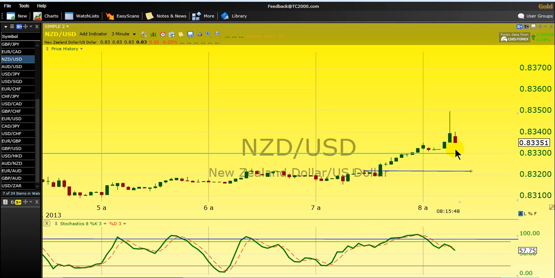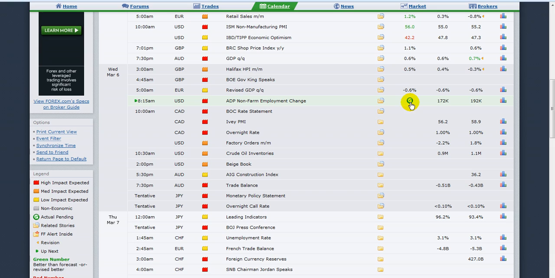Now, while we are here, let's see whether the news is already out or not. You click on it now, and we'll see what's happening. Though I'm making it a bit interesting and entertaining here, you see, it's bullish for the dollar. 198,000 job creation is superior to the forecast of 172,000.